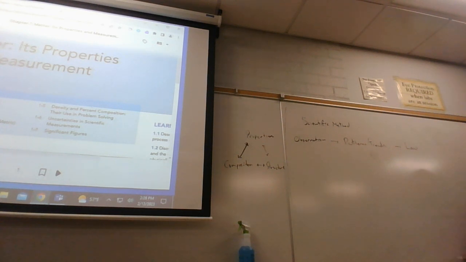Why doesn't it fall up? And then we might hypothesize something like gravity, or come up with gravitational laws. There's something called gravity pulling it to the center of the earth. But ultimately, we want a deeper description of what's happening there.